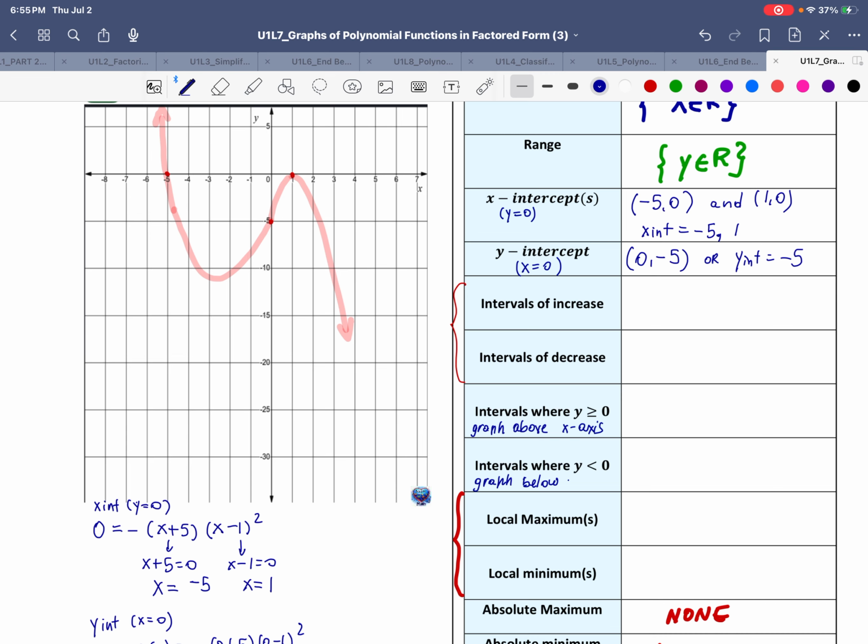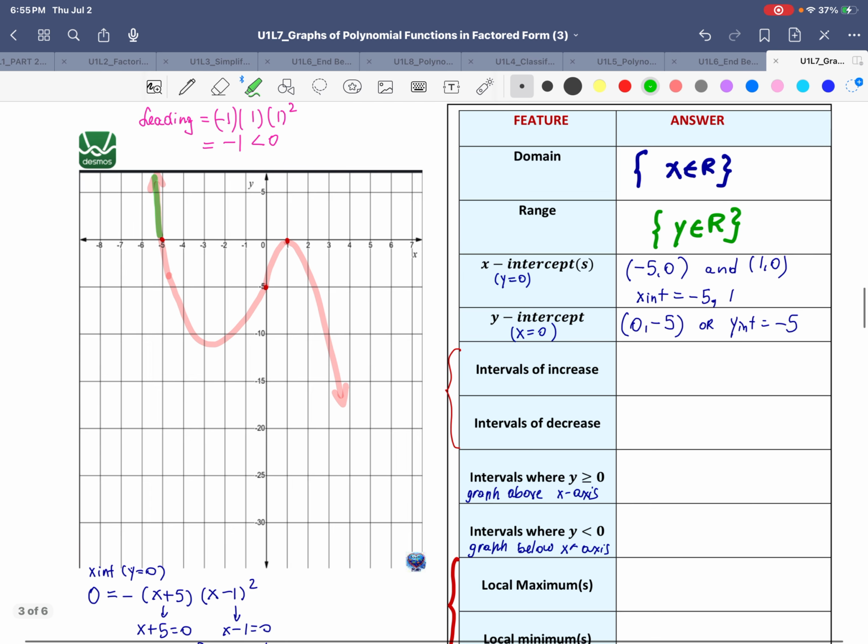So let's trace all the sections of the graph where the graph is above the x-axis. I see that the graph is above the x-axis right here and nowhere else really. But this would be above or 0, and here is just a 0. And the rest of the graph will be below the x-axis.